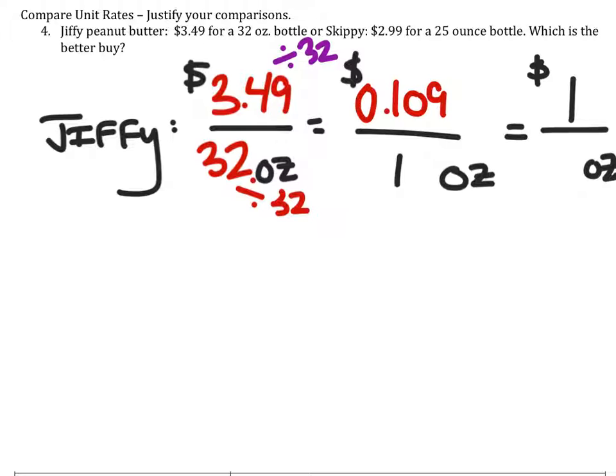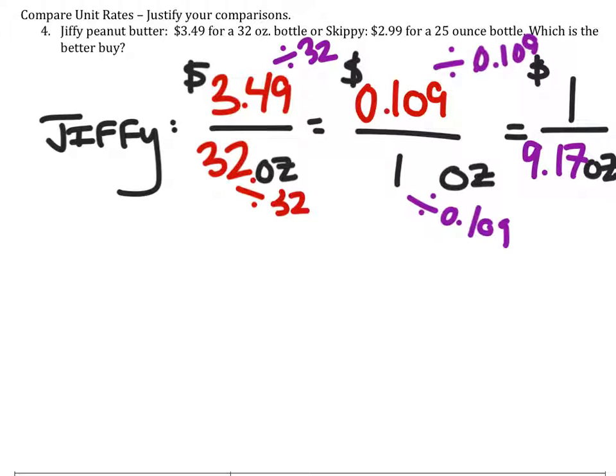By the way, since we also want to figure out how much for $1, we could divide this by 0.109 as well, and this one also by 0.109, and that would give us $1 for 9.17 ounces is what I have for that.